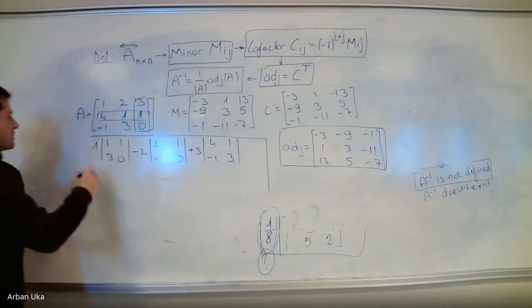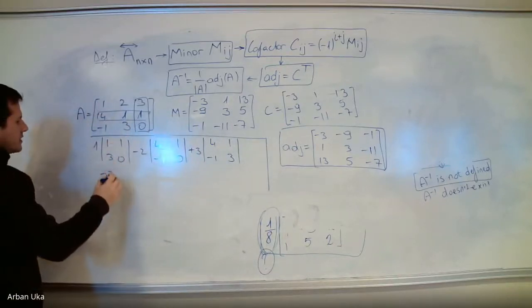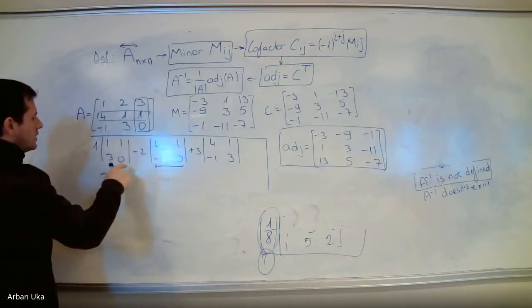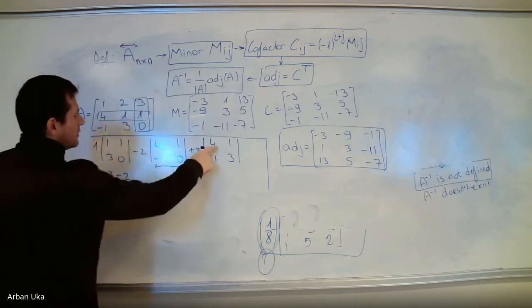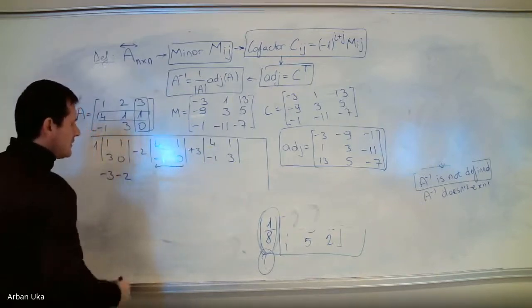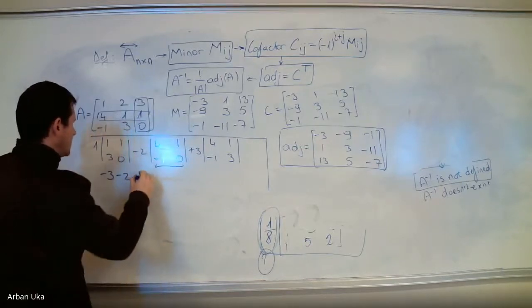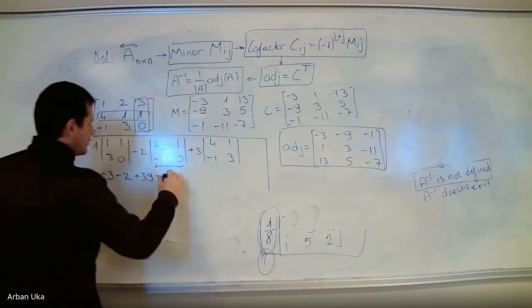So here we have, this is 0 minus 3, this is minus 3. The determinant here, it's 0, it's plus 1, it's minus 2. Then here we have 12, 13 plus 13 times 3, 39 plus 39. This is equal to 39 minus 5. This is equal to 34.